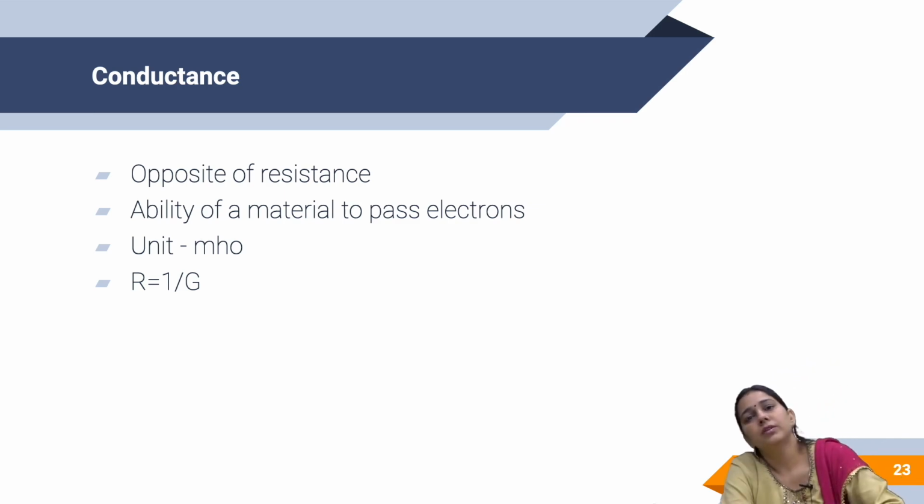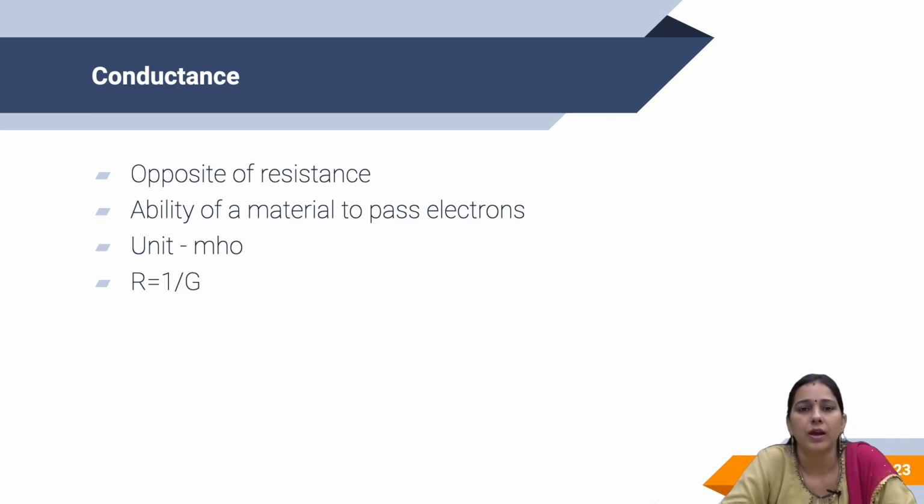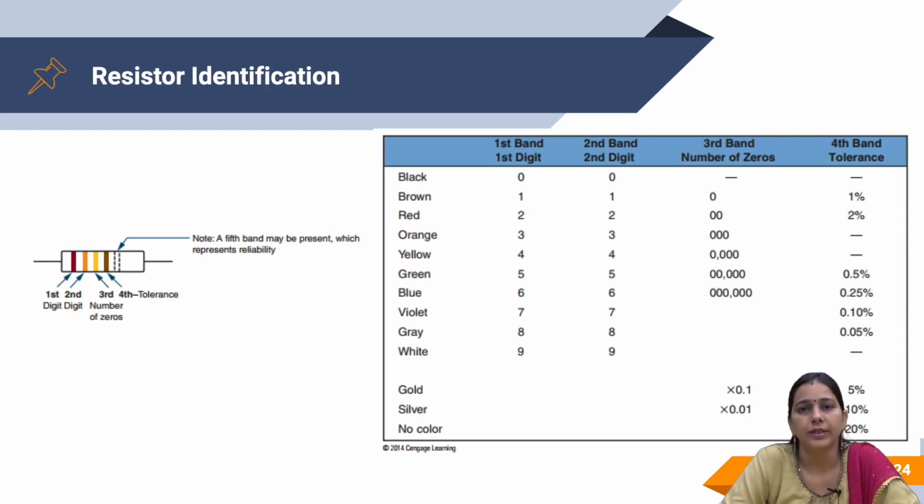Let us proceed with the resistor identification. As you can see in the figure, we have a 4-band resistor. How can we identify the resistor? Let us first go with the 4-band resistor. The first band denotes the first digit of the resistor.